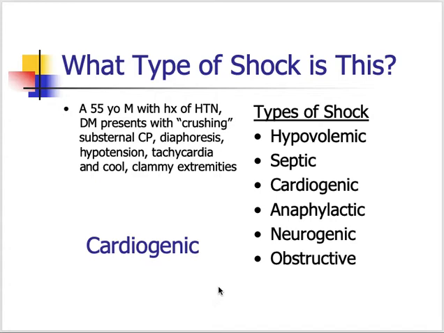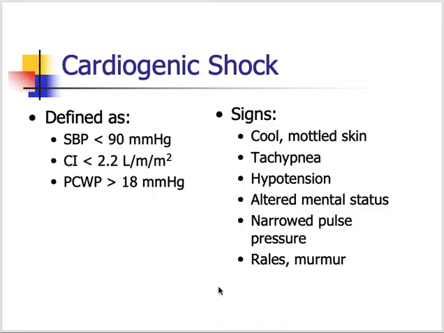Again, this is defined as systolic blood pressure less than 90. You can see the signs: cool skin, tachypnea, hypotension, altered mental status, narrow pulse pressure, rales and murmurs.